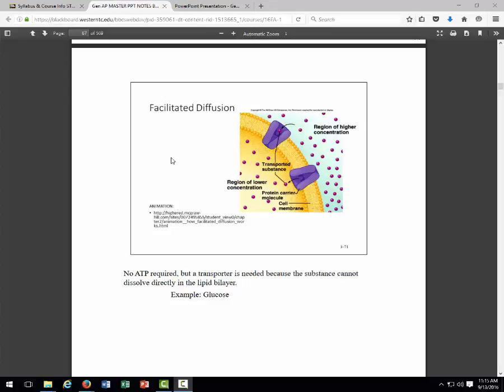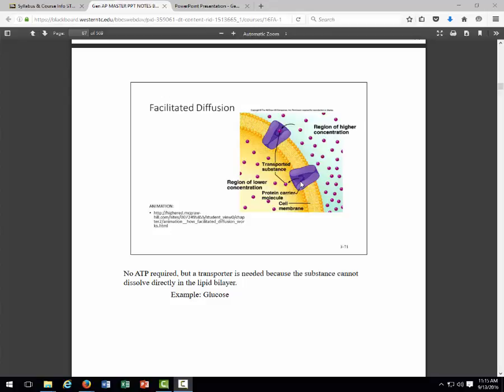But where is there a higher concentration in this example? Outside the cell compared to inside the cell. And that substance is moving from higher concentration to lesser concentration. So in this example, the substance is moving down the concentration gradient from high to low. No energy to go from high concentration to low concentration with a protein carrier.